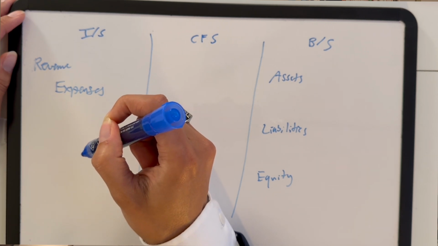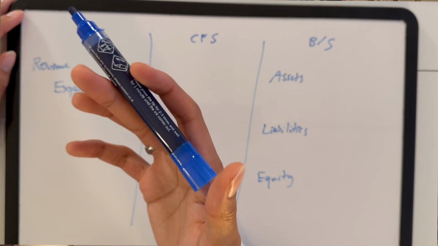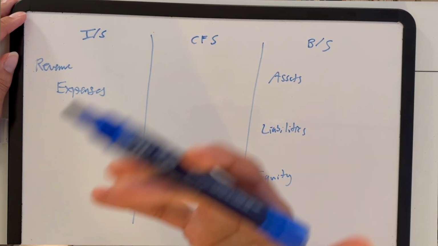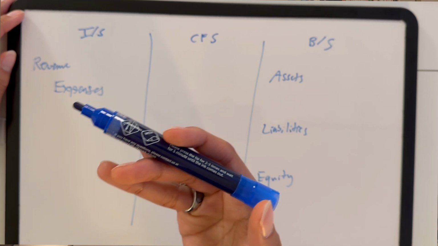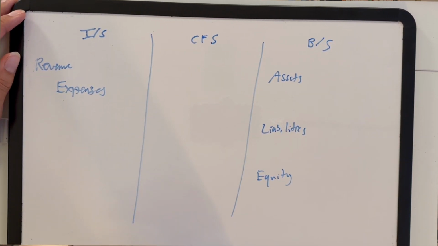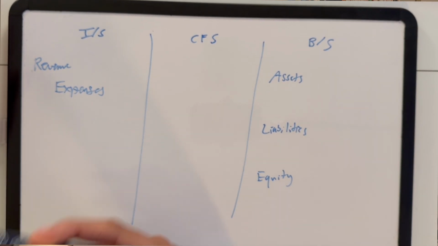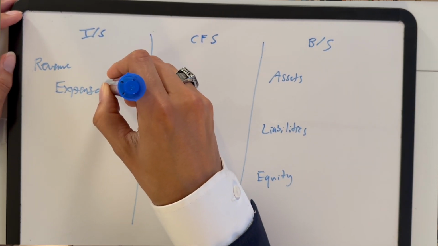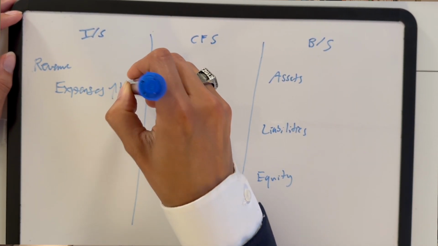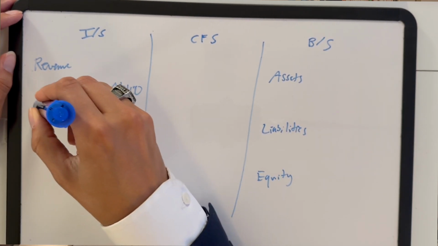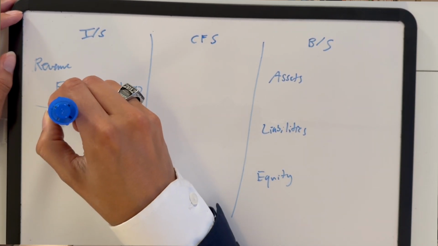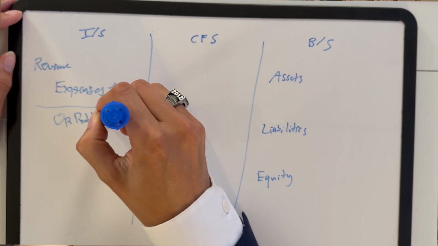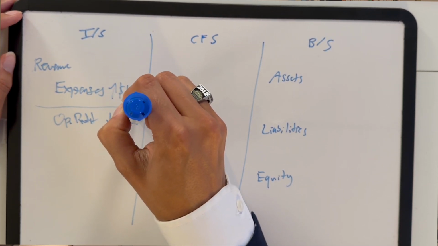So the way that this works is when we record the $100 write down of the asset, we're basically saying that we have higher expenses because we're saying, oh, wow, we don't really think that this asset is worth $100. Let's say that it's worth $0. So expenses are going to increase by 100, and that's going to impact our operating profit, which is going to go down by $100 as a result.